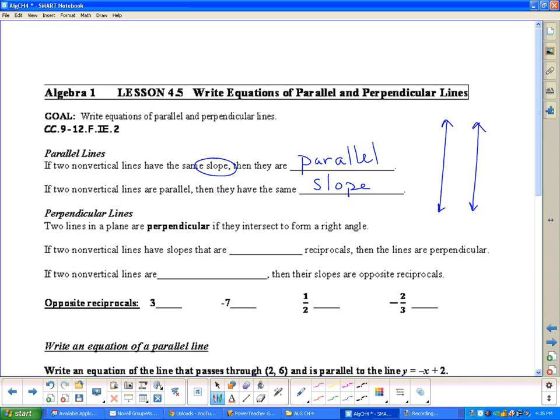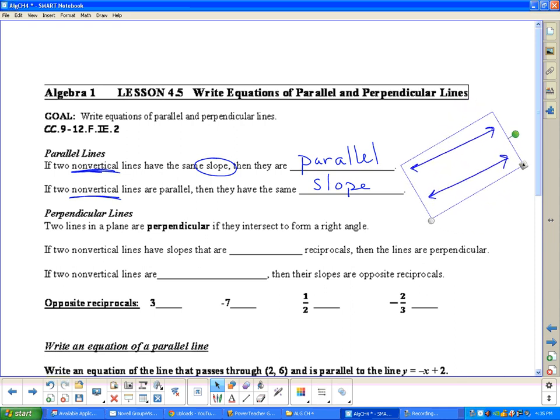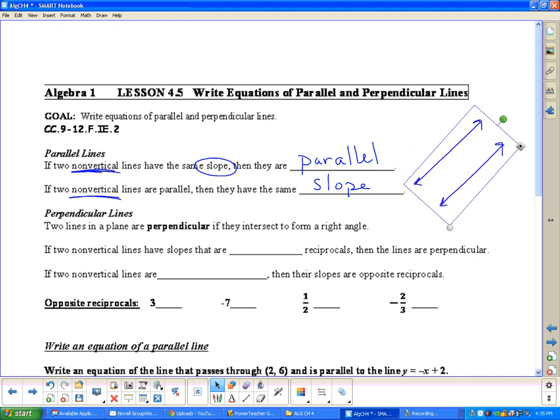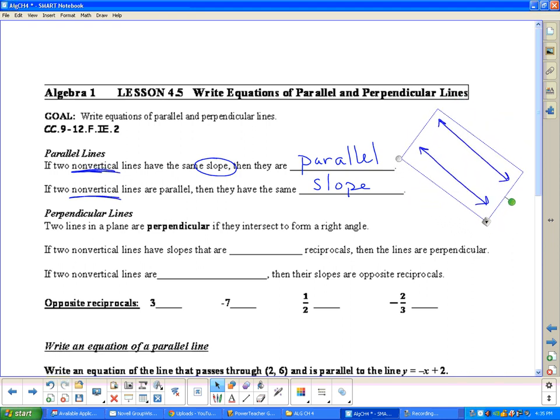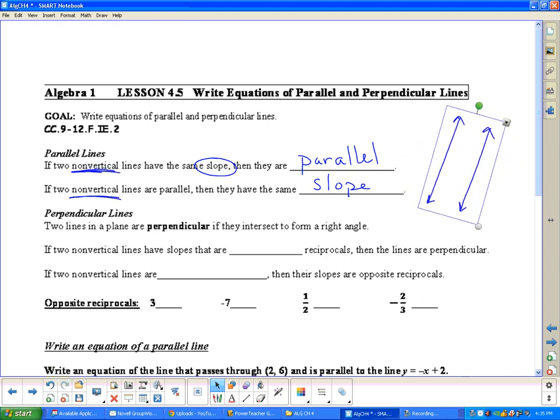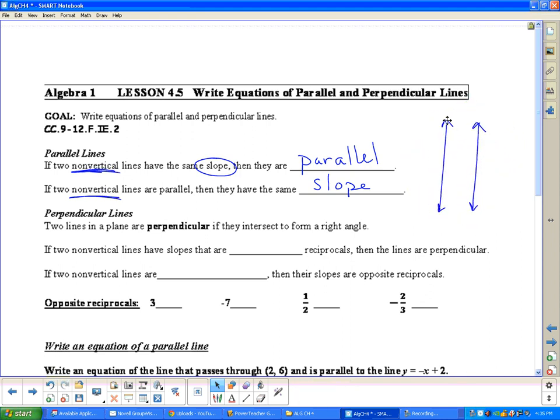Now, we did have this non-vertical exception. Well, if you remember, the slope can be anything other than vertical. So right now this is a positive slope, here they have a negative slope, right now they have zero slope, but if they have a slope like this when they're perfectly up and down like this, then they have no slope.